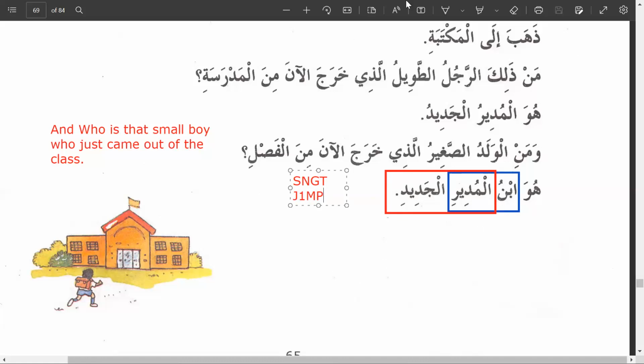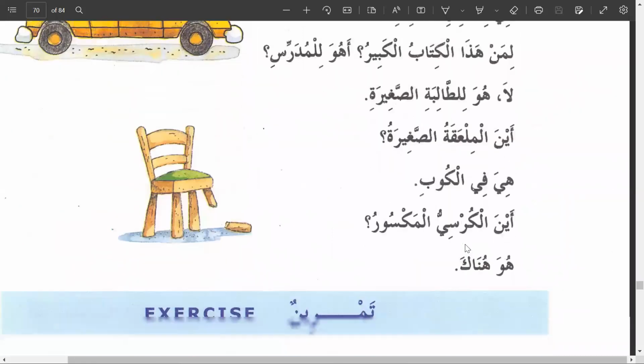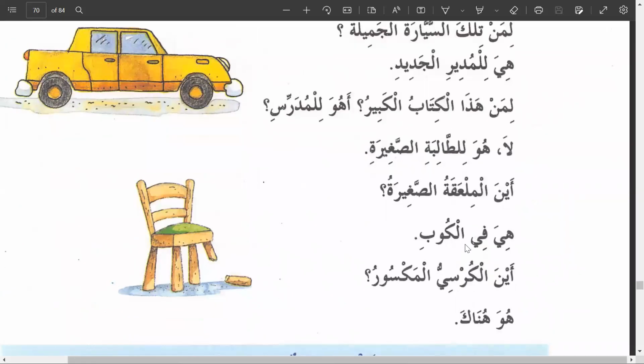So alhamdulillah, we did the first page. We completed this one. Let me see if we have more sentences in this part. Oh, I need to erase first and then scroll down. Oh, we have more sentences. Okay, let's finish these sentences.